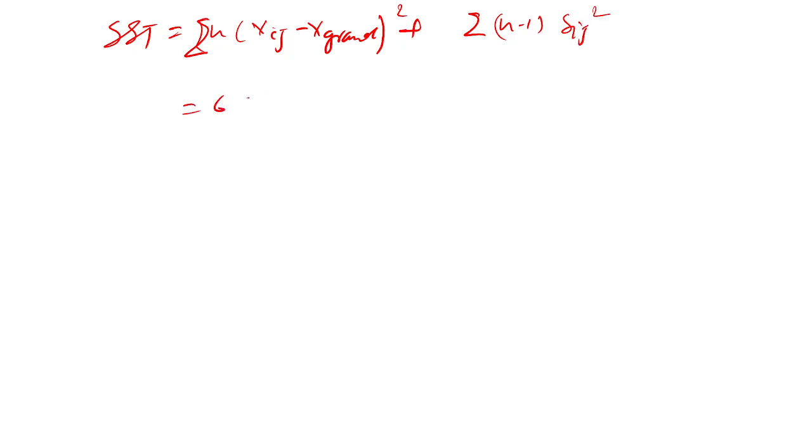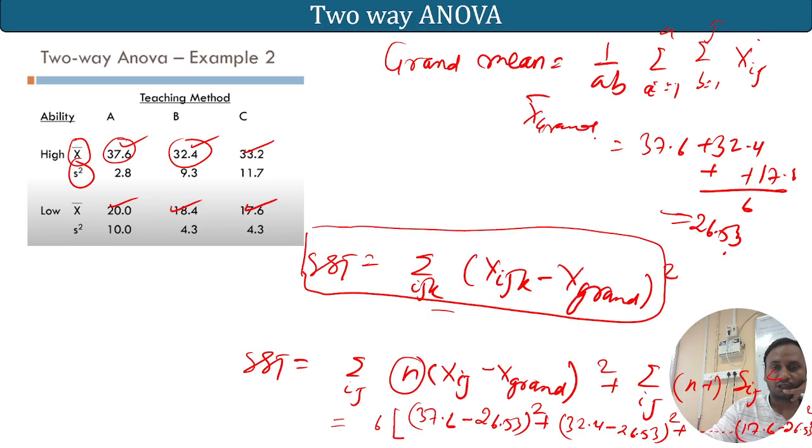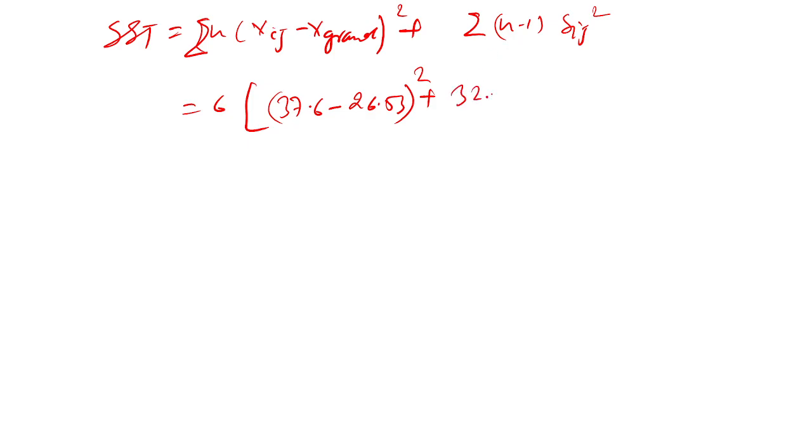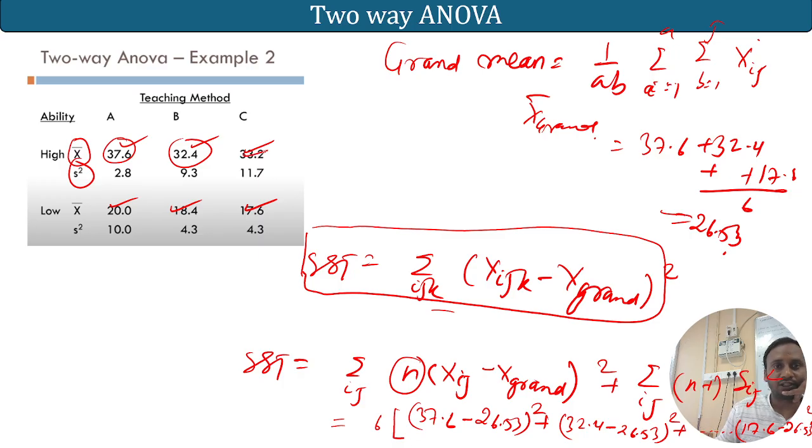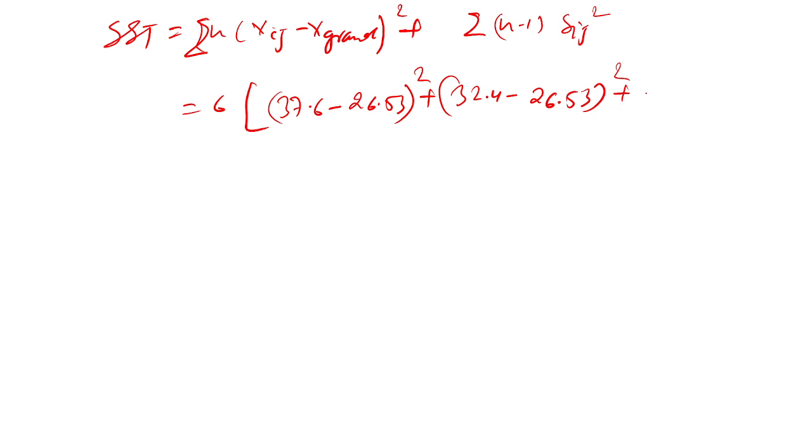So what we have is 6 times (37.6 minus 26.53) whole square plus 32.4 minus 26.53 whole square. The similarity goes for this also, this also, this also, till 7.6.